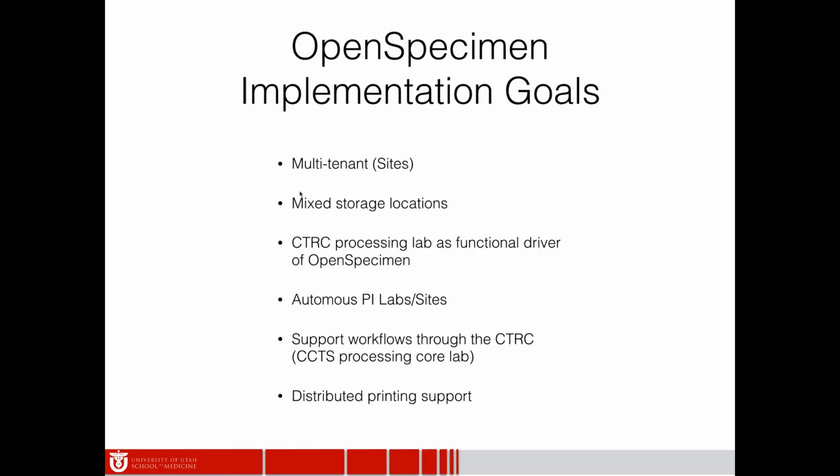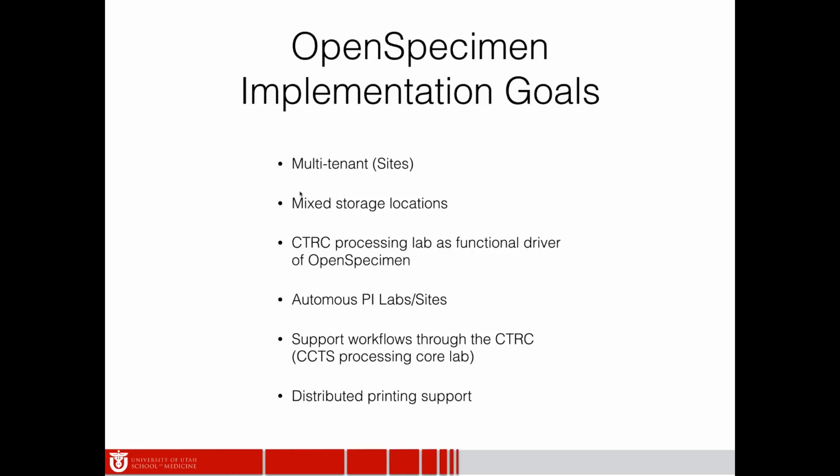Each one of the PI lab sites also autonomously operates most of the implementation of their clinical trials. There is a central clinical trials management, but when they actually go out and implement that, that's mostly on their own. So with that in mind, we wanted to support all those workflows through the CTRC.